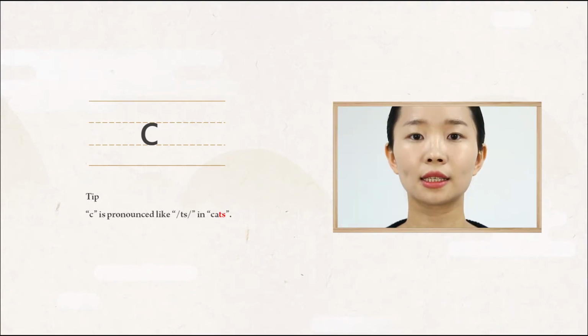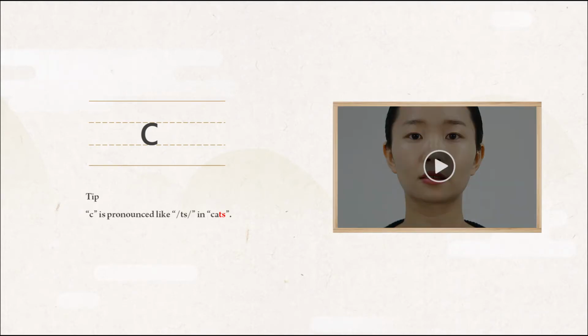Here's a tip. 滋 is pronounced like z in kids. 呲. c. Here's a tip. 呲 is pronounced like ts in cats.